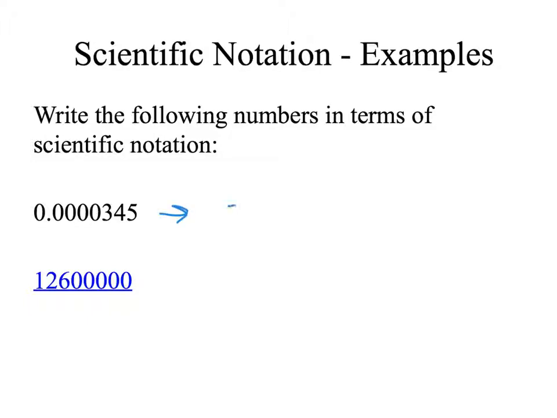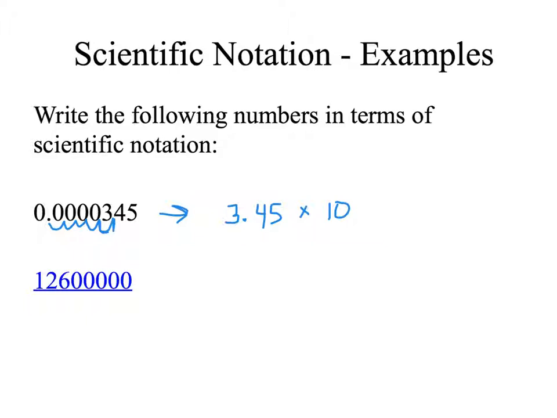So remember, we want number, decimal, and then whatever else is present, times 10. And then we're going to figure out, if we put our decimal place here, how many positions have we gone? 1, 2, 3, 4, 5.